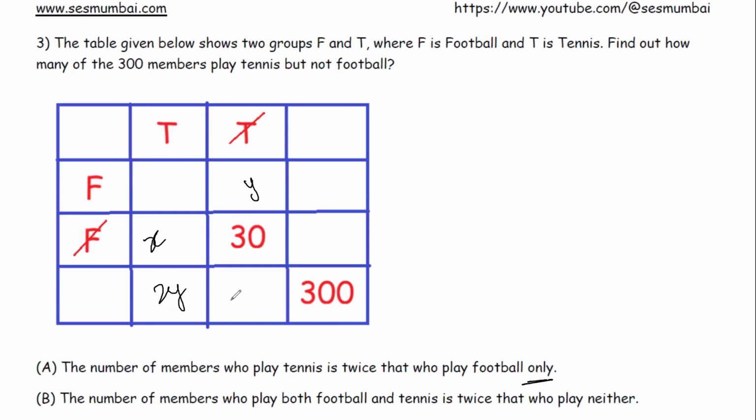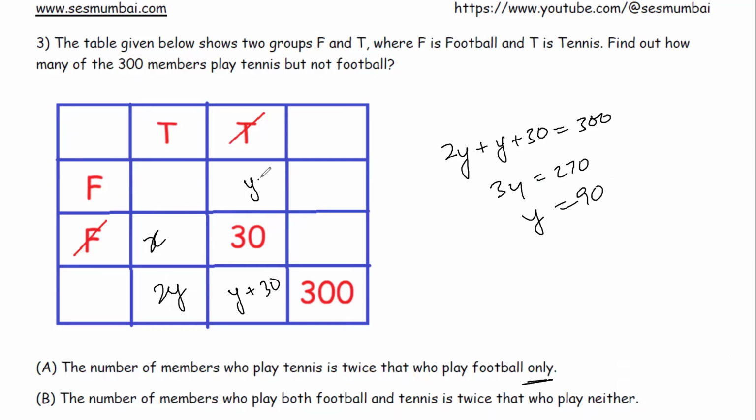Right? So then from statement A, 2Y plus this out here becomes 5 plus 30, this total is equal to 300. So 3Y is equal to 270. So Y is equal to 90. So we know this Y is 90 and therefore 2Y is 180.